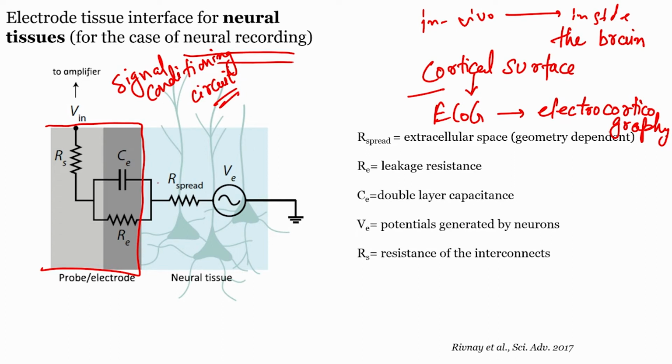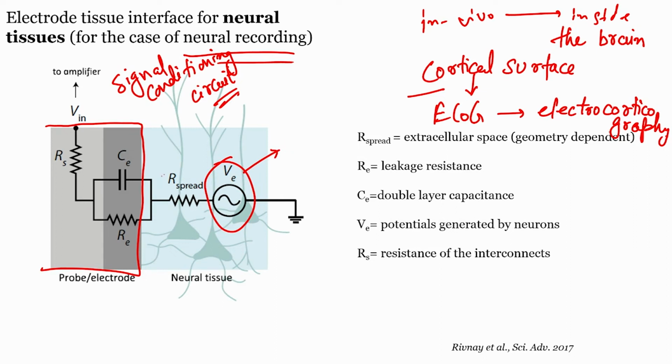So let us see each element individually. Let us begin with the neural tissue. As I mentioned, each neuron generates some potential called action potential, and collective firing of neurons generates local field potentials. This is the neuronal potential.